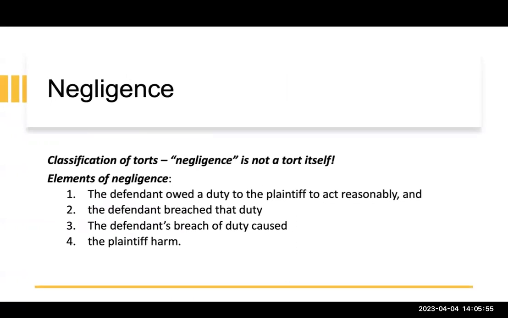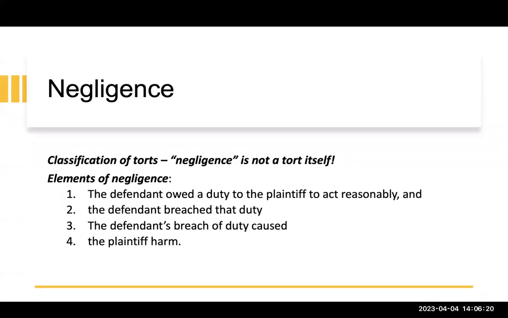And what this brings up is the idea that not all negligent acts give rise to a valid legal claim. And this was really illustrated most clearly in the case of Palsgraf versus Long Island Railroad Company.